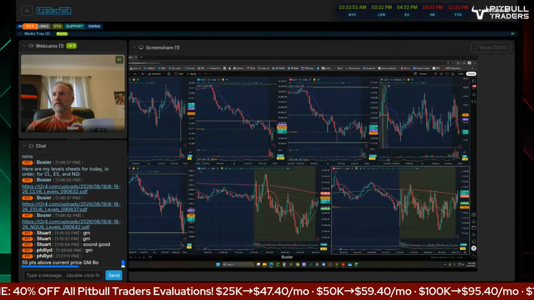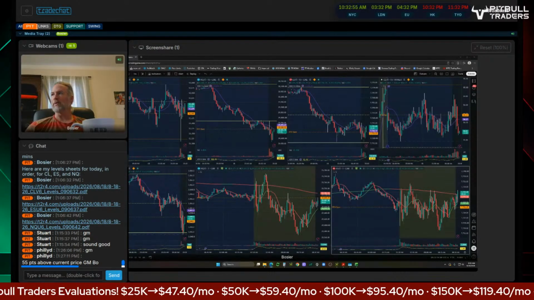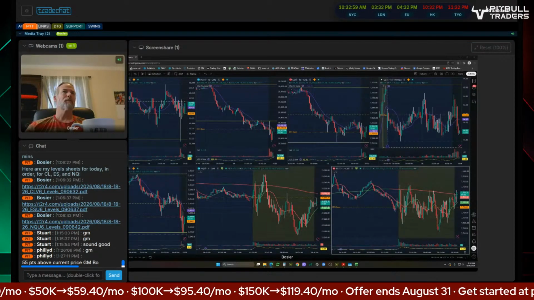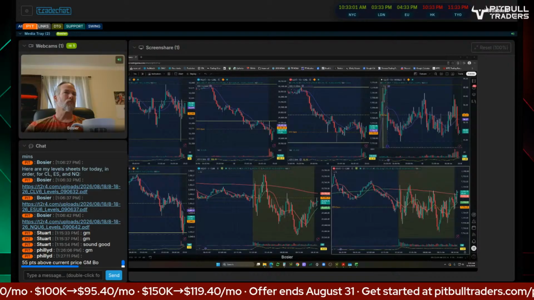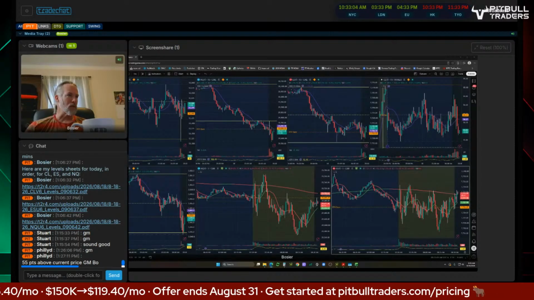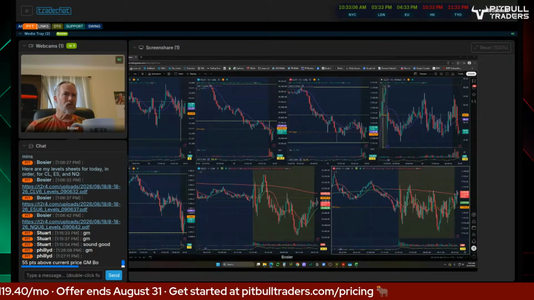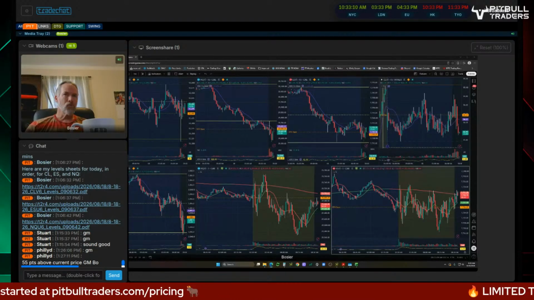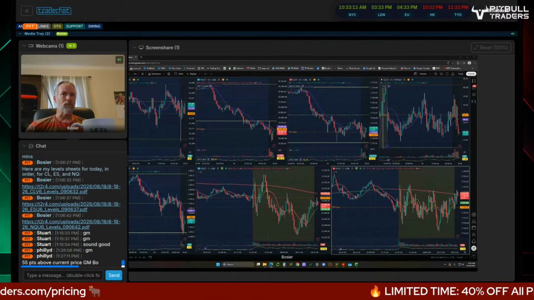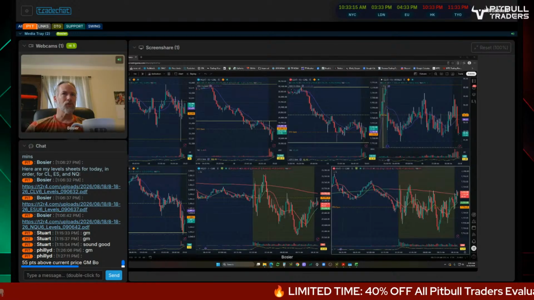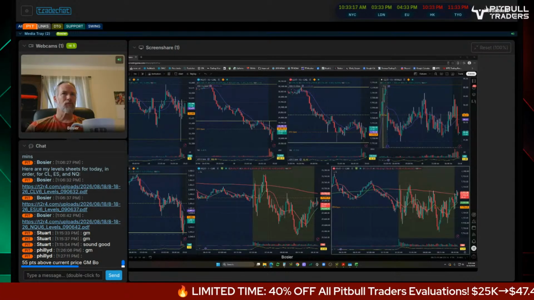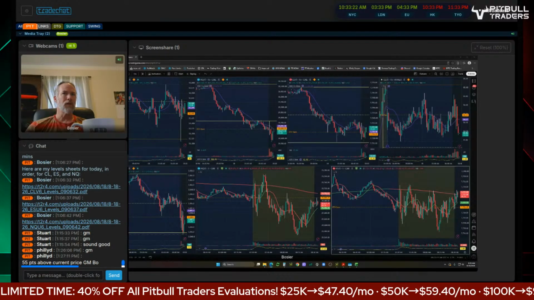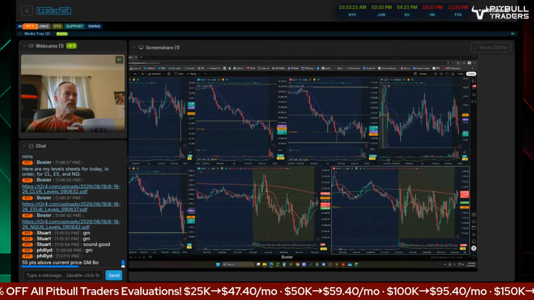It looks like Nvidia and Tesla are going bid again, but see how they follow through if they do. NQ has, let's see, a level here. Next level looks like around 29,820, the weekly S1.